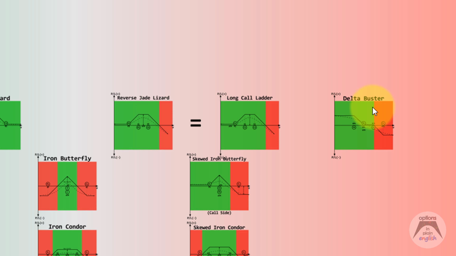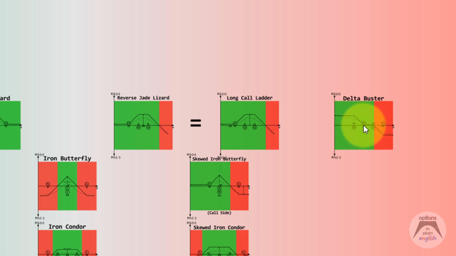What you would do is buy a put spread and then finance it with the selling of a call spread. Because of skew, this put spread is going to be cheaper than this call spread. So basically you're buying something cheap and paying for it with something expensive.